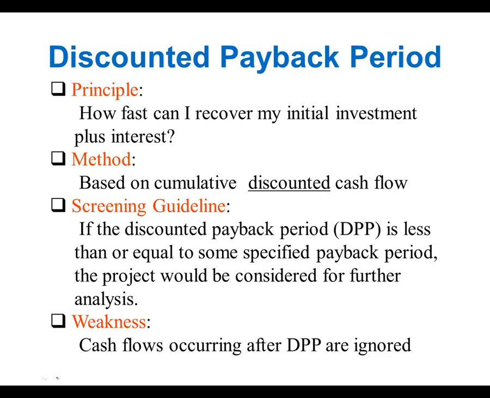So if the discounted payback period is less than or equal to some specified period, the project would be considered for further analysis, otherwise it will not. The problem with this approach is that any cash flows occurring after the discounted period are ignored. So if we calculated that for 8 years, the 9th year has been ignored. So we have to make sure that we are including all periods.